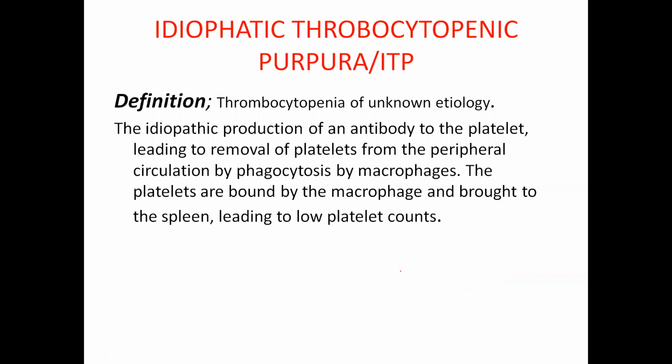So let's have a brief discussion about idiopathic thrombocytopenic purpura, or ITP. Definition: thrombocytopenia of unknown etiology. There is idiopathic production of antibody to the platelet, leading to removal of platelets from peripheral circulation by phagocytosis by macrophages. The platelets are bound to macrophages and brought to the spleen, leading to low platelets.